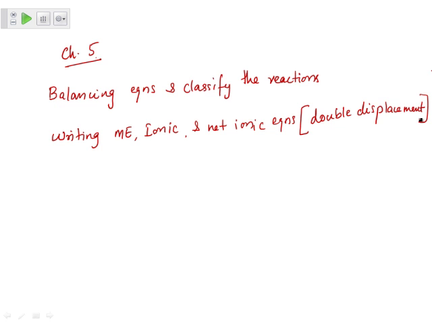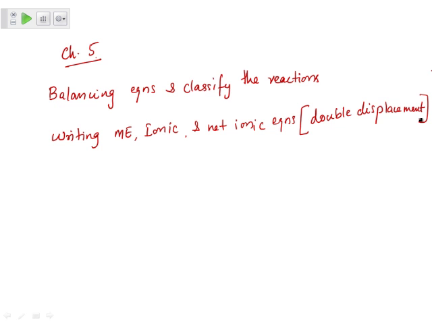And then remember, after you balance the equation, what would you do for the ionic equation? The ionic equation is the one where anything that is aqueous must be split into ions, because of the principle you learned in an earlier chapter.